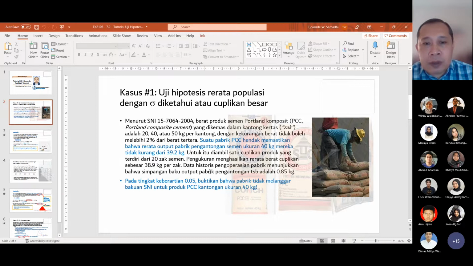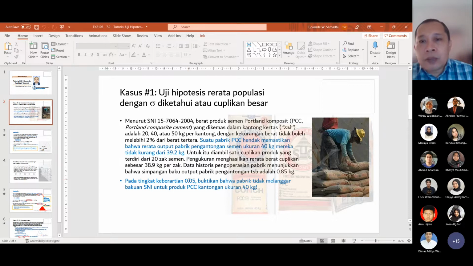So, at a significance level of 0.05, remember, significance level is different from confidence level, and the relationship is significance level is 100% minus confidence level. The one that is denoted by the symbol alpha is tingkat keberhasilan or significance level.